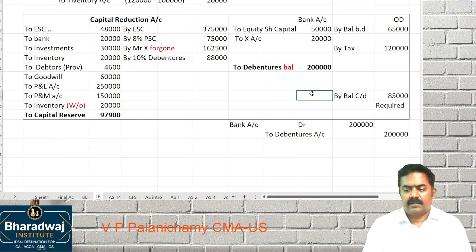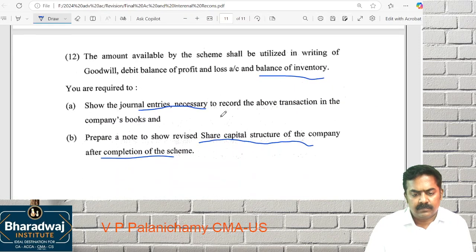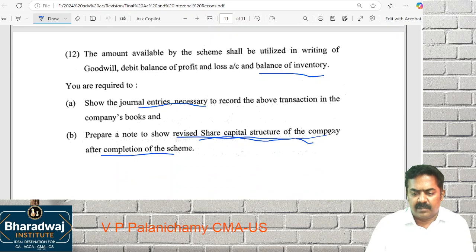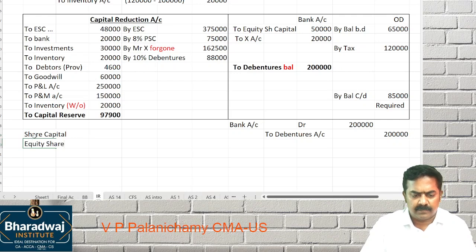Something else is asked. Note for revised which one? They have asked for the capital structure of the company. Tell me how many equity shares will be there? How many preference shares capital will be?